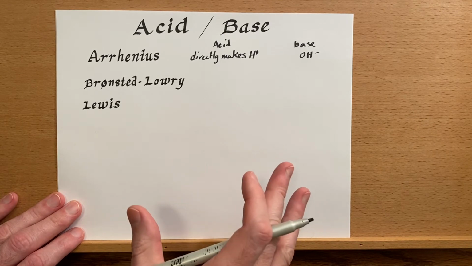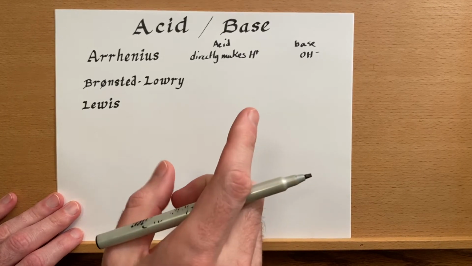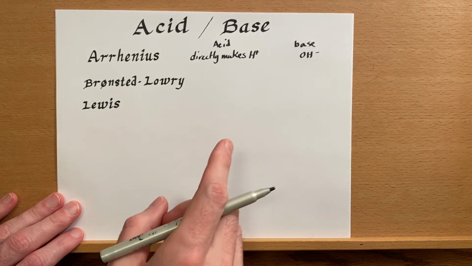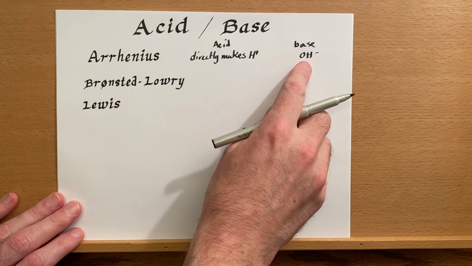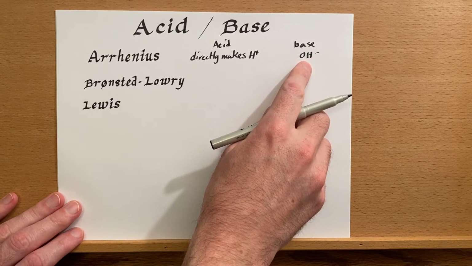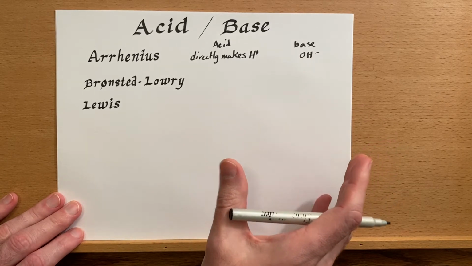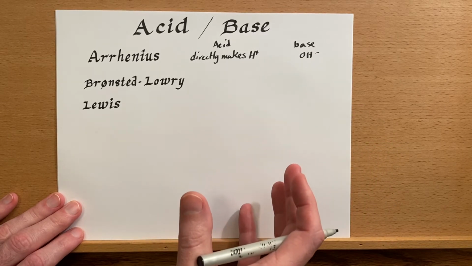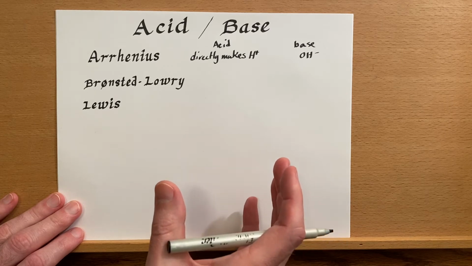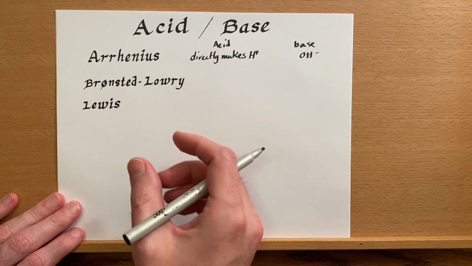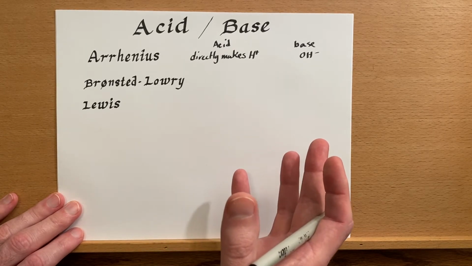This is somewhat limiting though, because there are some bases that we know of that do not contain OH- in their formula. Now, most of the strong bases do, certainly if you stay inside of more inorganic terms. But that is limiting.